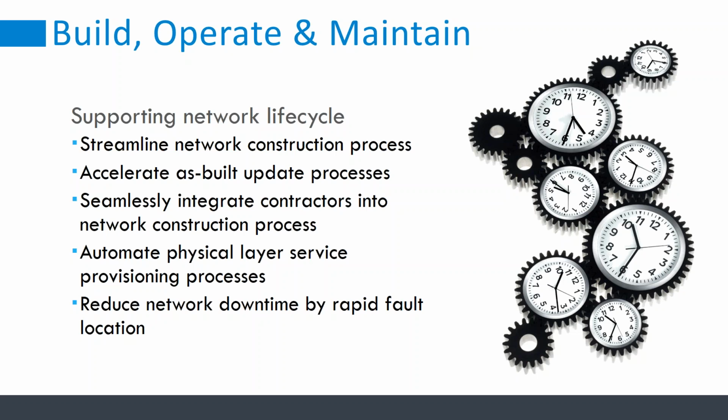So once we've covered some of the benefits around network construction and network build, as we look to operate and maintain the network, there's a number of different areas where having up-to-date and accurate inventory data is important. One particularly is around being able to automate the provisioning of services. So looking particularly at this from a physical network perspective, you get a request for service from a customer, can you actually fulfill that service?